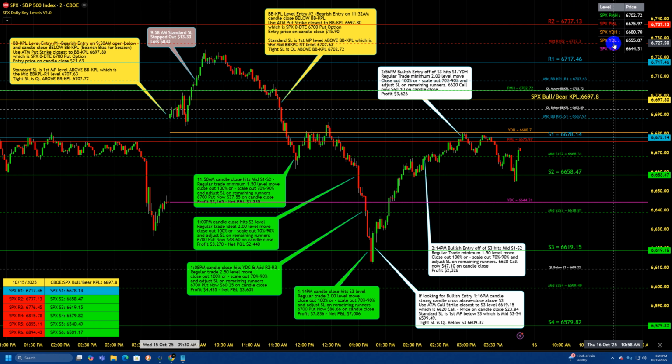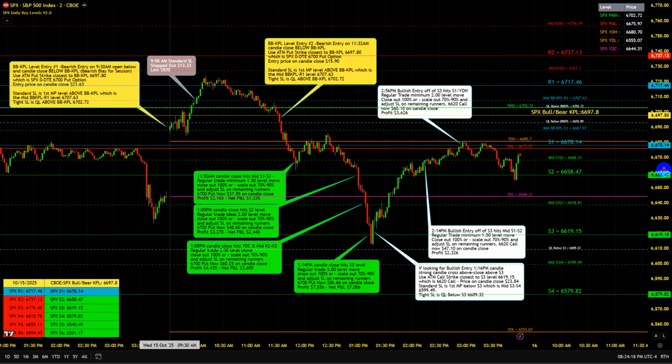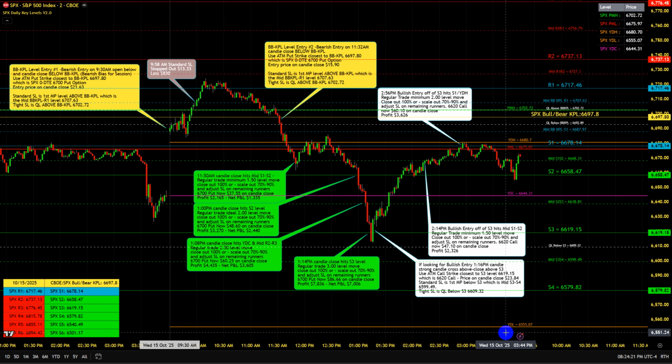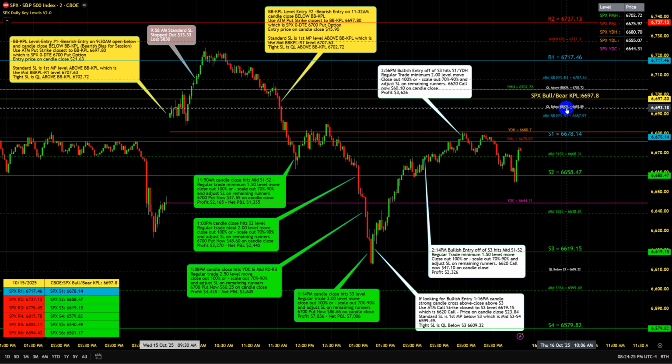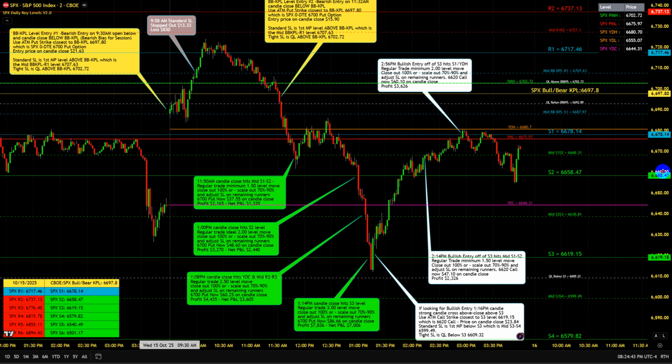Now you won't see YDL here, it is a little further down, but if we squinch this up, then you can see YDL here. It's recommended when you use this indicator, as we point out in the features and setup video, that since the initial part of the session is primarily going to be concentrated typically on R2 through S2, and then as we move throughout the session other levels can come into play, that you expand your levels out.